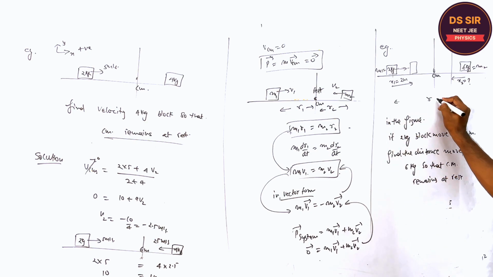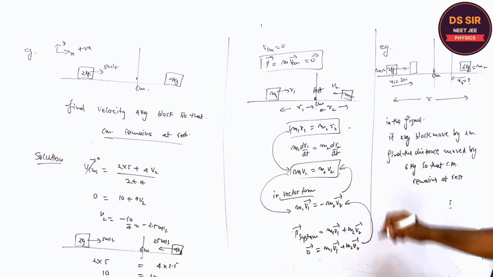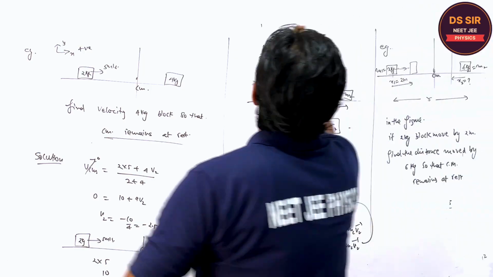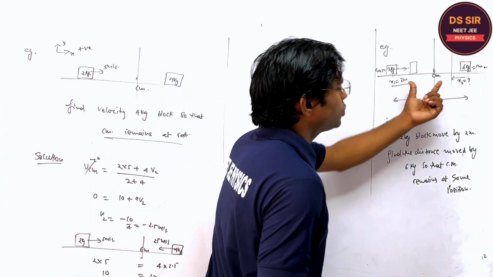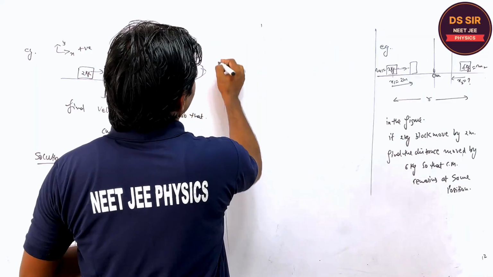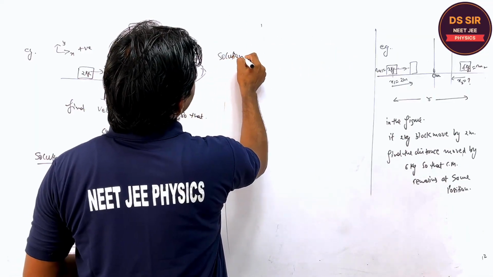You may assume the distance between them is r. Are you getting or not? This is the question. Copy this. The center of mass should remain at the same position. So I am giving the solution. Very interesting.